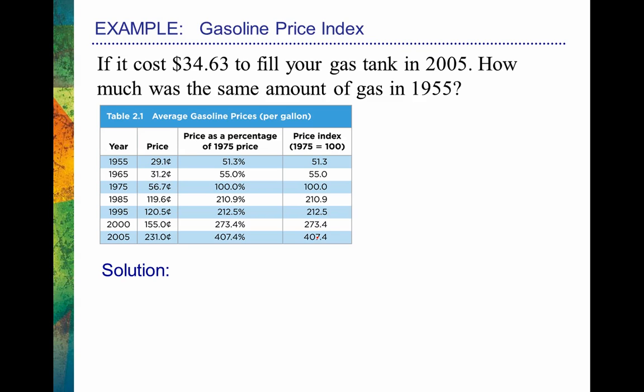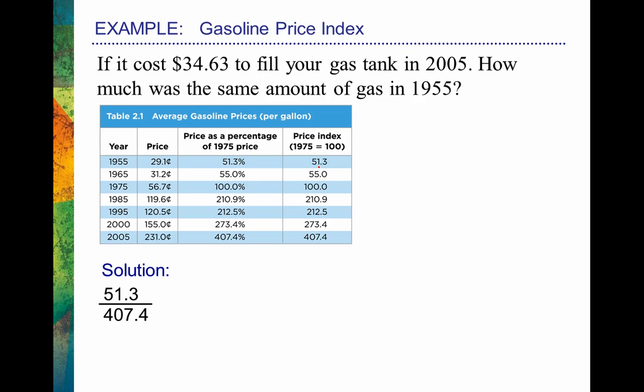I can then multiply that ratio, because that ratio talks about how those 2 years are related in terms of their gas prices. I can then multiply that ratio times 34.63 to find out how much that same amount of gas would cost in 1955. So that seemed like a lot of explanation, but in reality, the math we do is very simple.